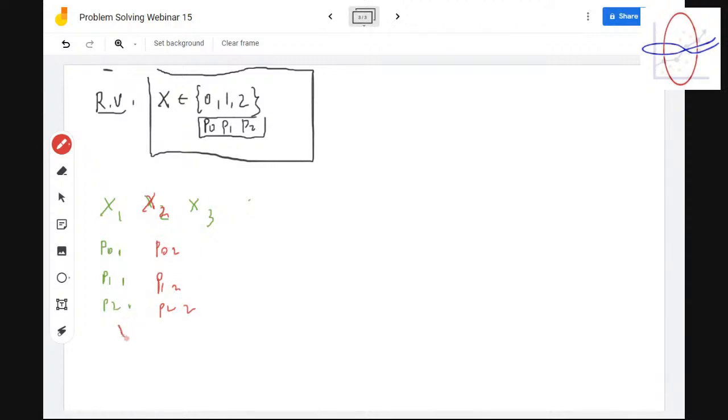So we want to understand how these probabilities are changing. That is our main idea, and that is where we will use conditional probability to understand the entire mathematical problem.